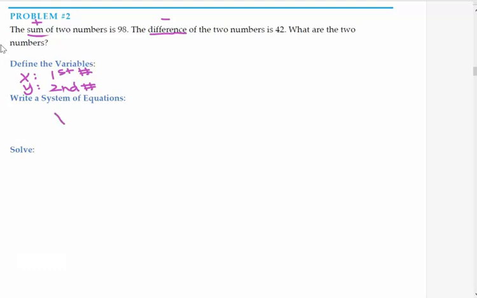So I don't know what those numbers are, so I'm going to say x plus y equals 98. And then the second sentence is going to give me my second equation. The difference of two numbers is 42. So now I've got x minus y equals 42. Okay, so looking at this, do you think substitution or elimination method might be easiest to do on this next one?